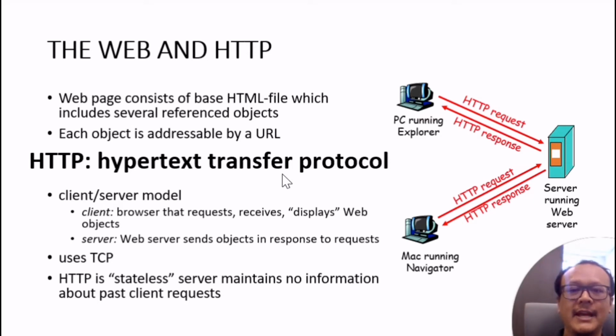For example, the client browses and requests a web page, and the server will respond by sending the information to the client. HTTP uses TCP, a transport layer protocol. TCP is, once again, Transmission Control Protocol. HTTP is basically a stateless server which maintains no information about past client requests.